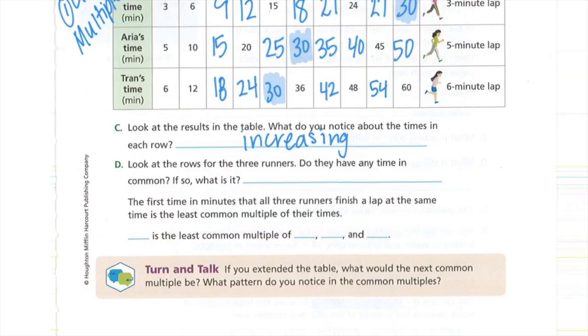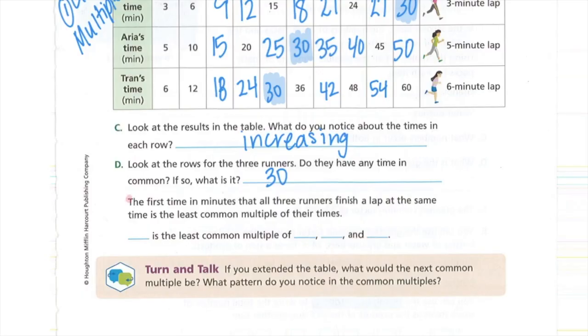So you can have many common multiples, just usually we're looking for least common. All right, so the one they have in common, I think that's the only one, is 30. The first time in minutes that all 3 runners finish a lap at the same time is the least common multiple of their times. That is so important.